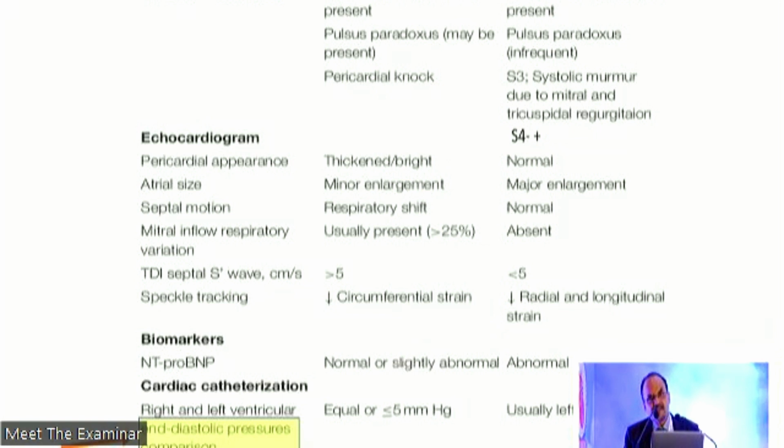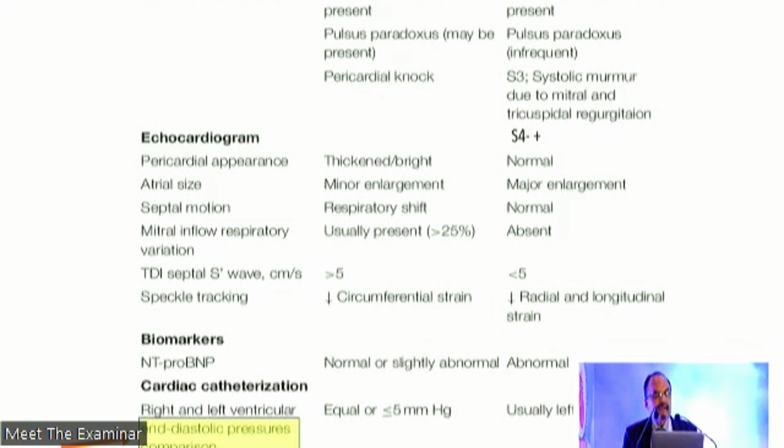Kussmaul's is possible in restrictive cardiomyopathy, doesn't distinguish between the two, but it is not very usual to find it in restrictive cardiomyopathy. You find a pericardial knock in constrictive pericarditis, you find a third heart sound, and occasionally a fourth heart sound in case of restrictive cardiomyopathy.